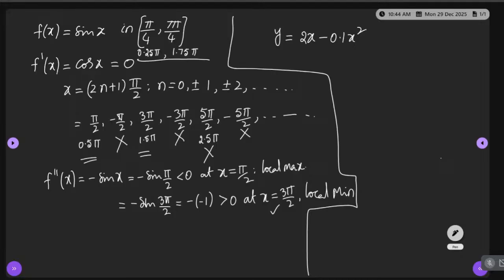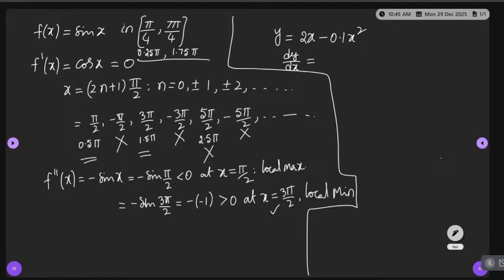The arch equation is given as y equals 2x minus 0.1 x square. We need to get the maximum height of the arch. Y is the height of the arch.